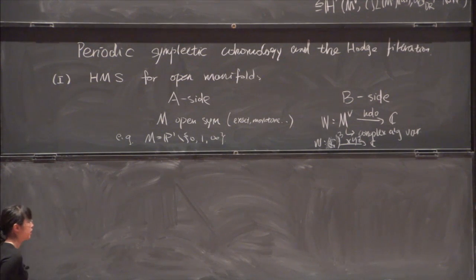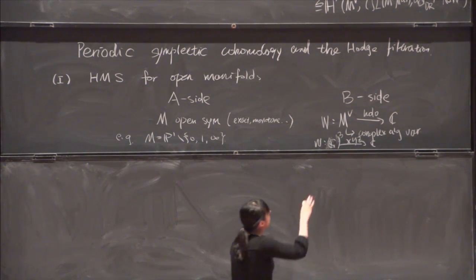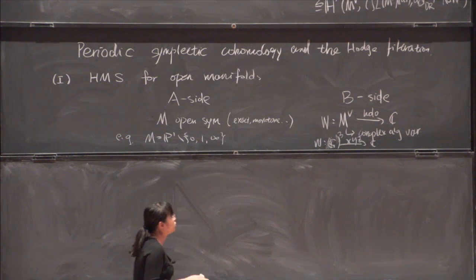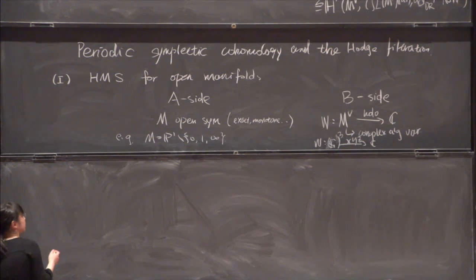So, okay. Since if there's no superpotential, what you really get is just de Rham cohomology, you might expect there's some Hodge theoretic invariant you can put on this.